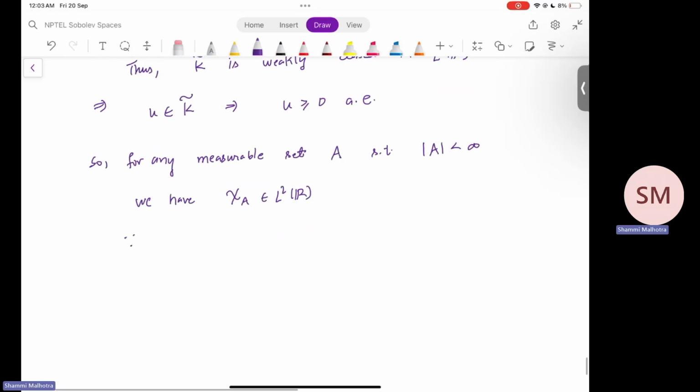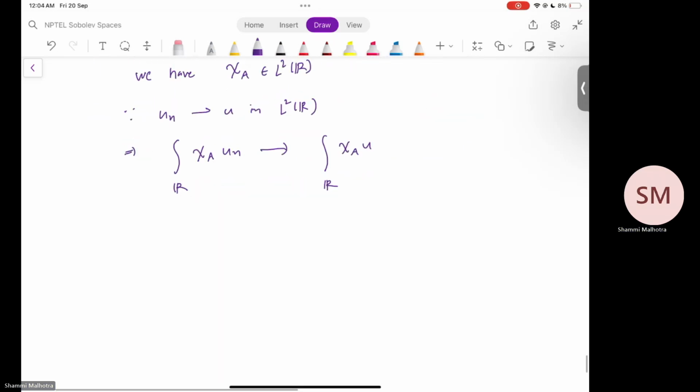And since u_n converges to u weakly in L2(R), this implies the integration of chi_A u_n over R goes to the integration of chi_A u over R. So this implies the integration over A of u_n converges to the integration over A of u as n tends to infinity.